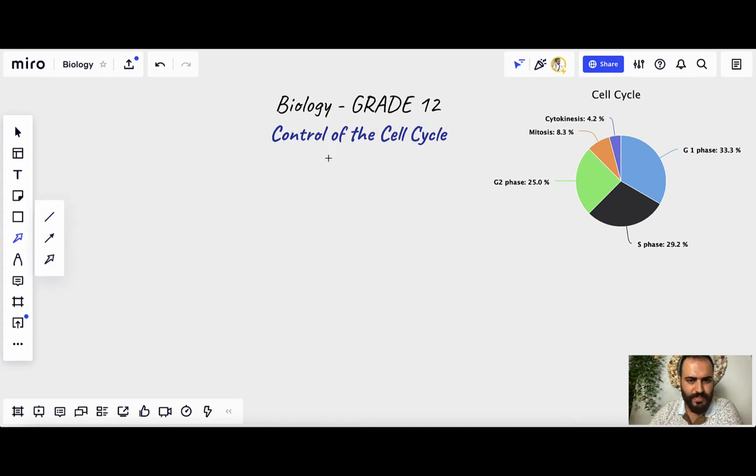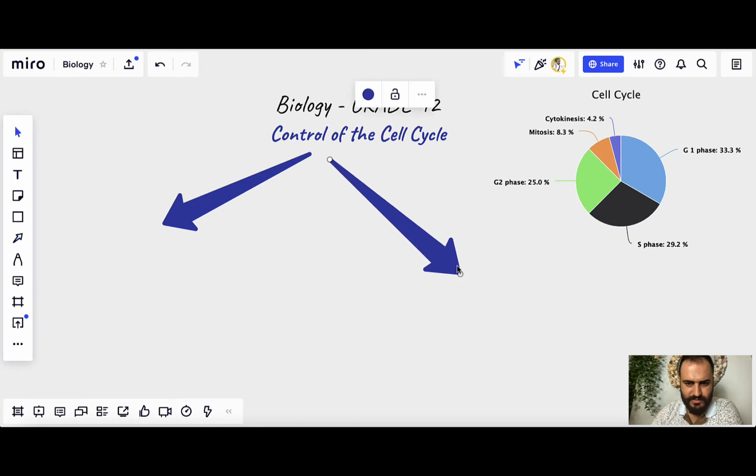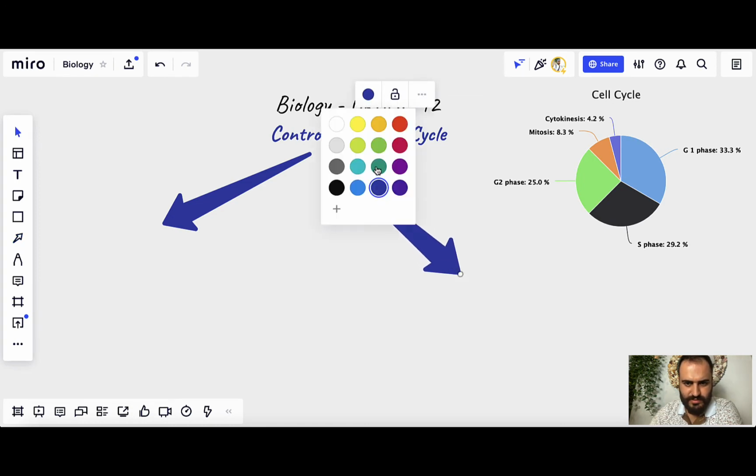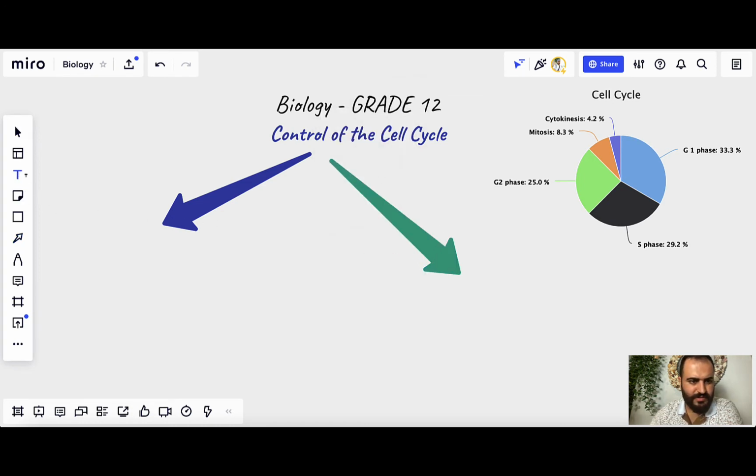First of all, the cell cycle is controlled based on 2 different factors: the internal and the external factors. Let's start with the external factors that control the cell cycle.